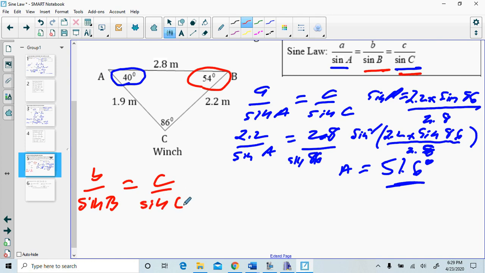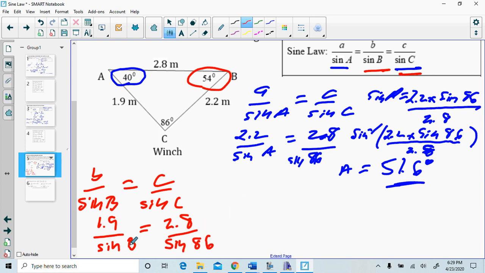And then we'll just sub in what we know. So b is 1.9. We're looking for sine B, so we leave that as is. c is still 2.8, and sine C is still sine of 86.